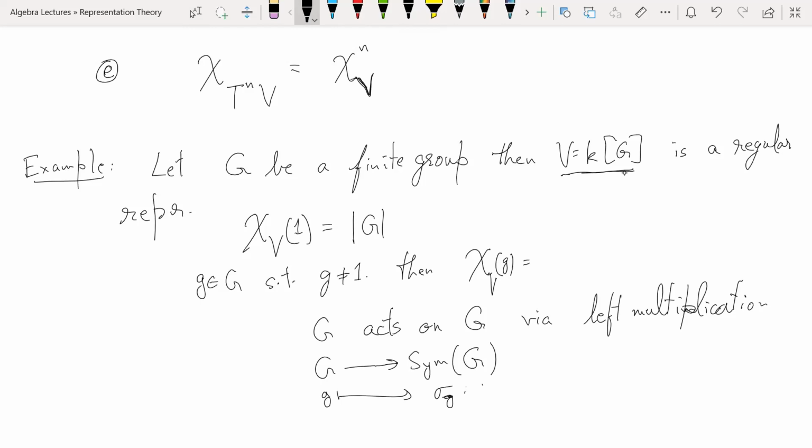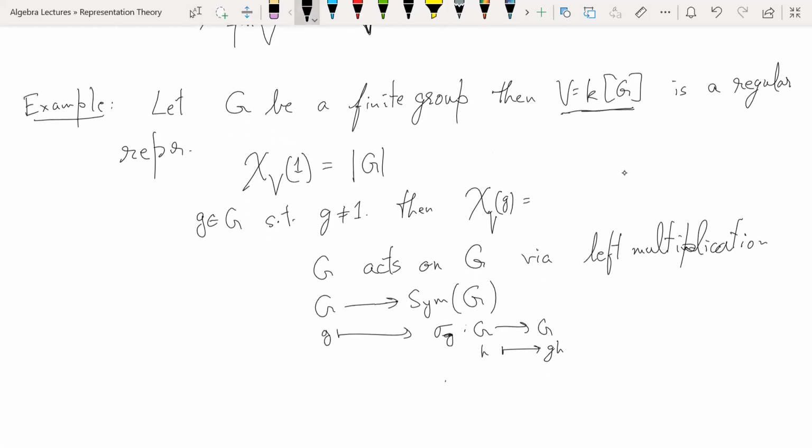So sigma g is a map from G to G. And what is this map? It sends h to gh. And what are the fixed points of sigma g? There are none, right? Because if you think about it, fixed points means gh should be equal to h. So sigma g of h is equal to h implies gh is equal to h, which implies g is equal to identity.